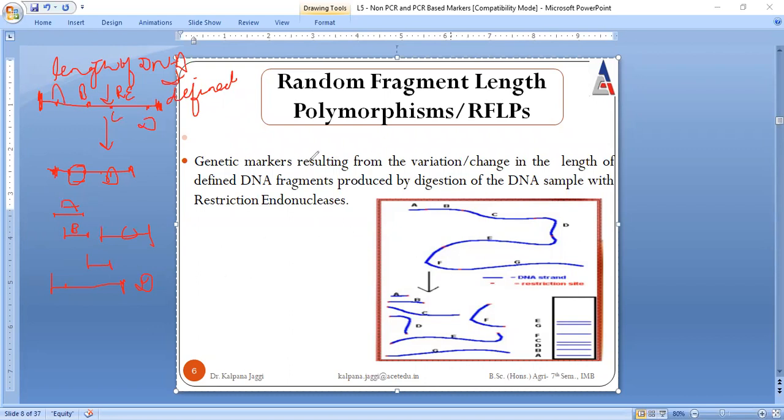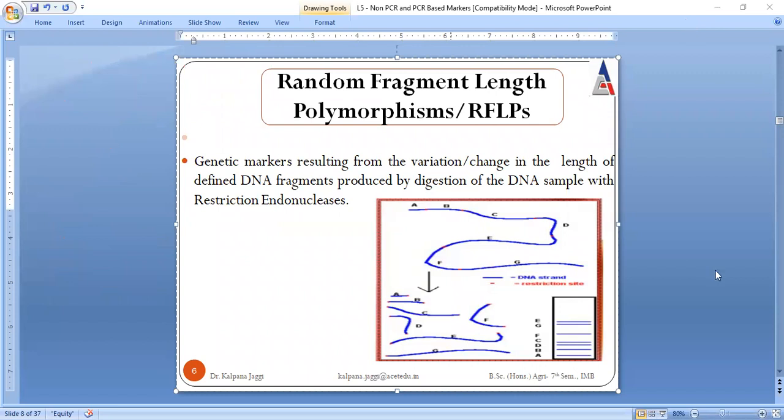So these are said to be restriction fragment length polymorphism, because randomly they are digested by the restriction endonucleases. This is the reason the fragments are produced randomly. Randomly means they are produced in different sizes, and these DNA fragments produced as a result of digestion by restriction endonucleases are said to be genetic markers. This is clear to all. So this is restriction fragment length polymorphism. More will be clarified.